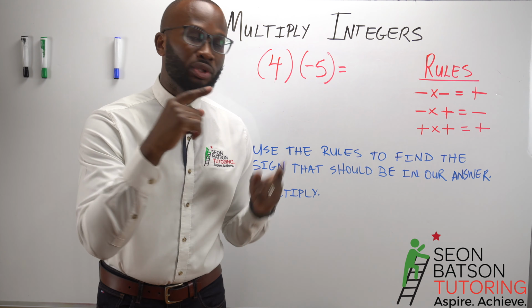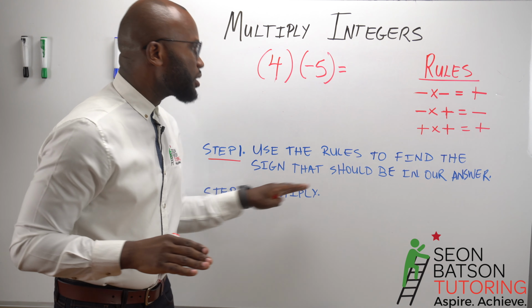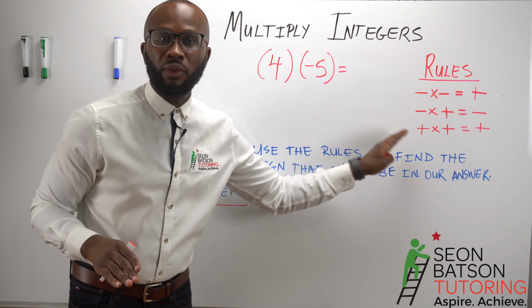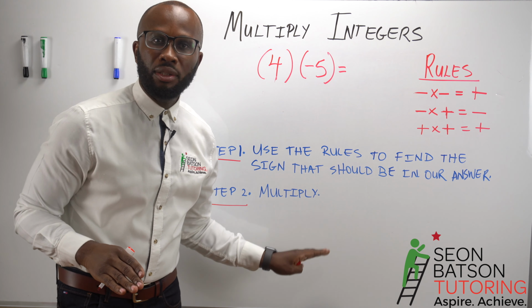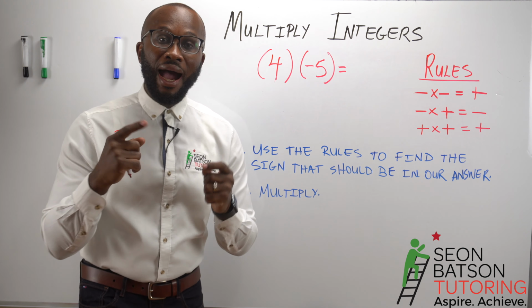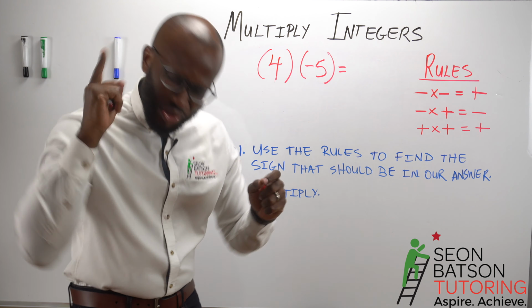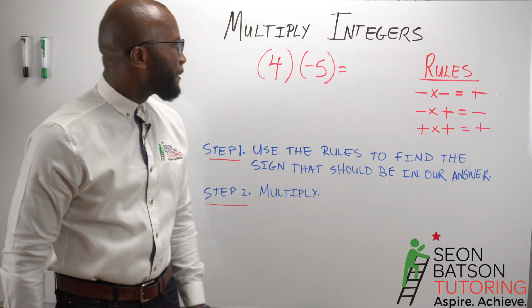But I want you to try this one on your own. Remember the steps. You will first use the rules to find what sign should be in your answer. Then you multiply. I believe in you, Damali. I believe in you, Delmar. I believe in you, Scott. You got this. Give it a try.